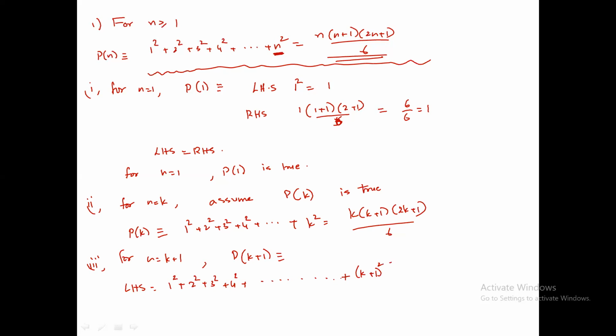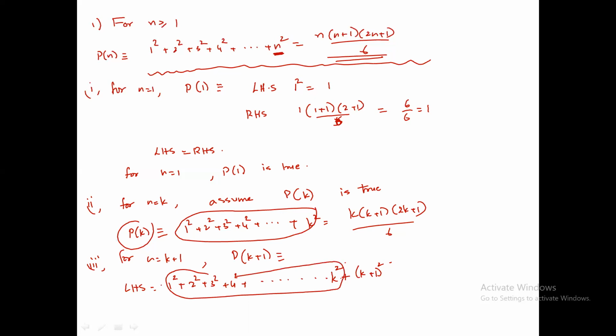But before (k plus 1) whole square, you will have k square also. So now you have to use P of k. That means up to k square, 1 square, 2 square, 3 square, 4 square up to k square. Already you have assumed that it is k into (k plus 1) into (2k plus 1) by 6. This is how you will use P of k.